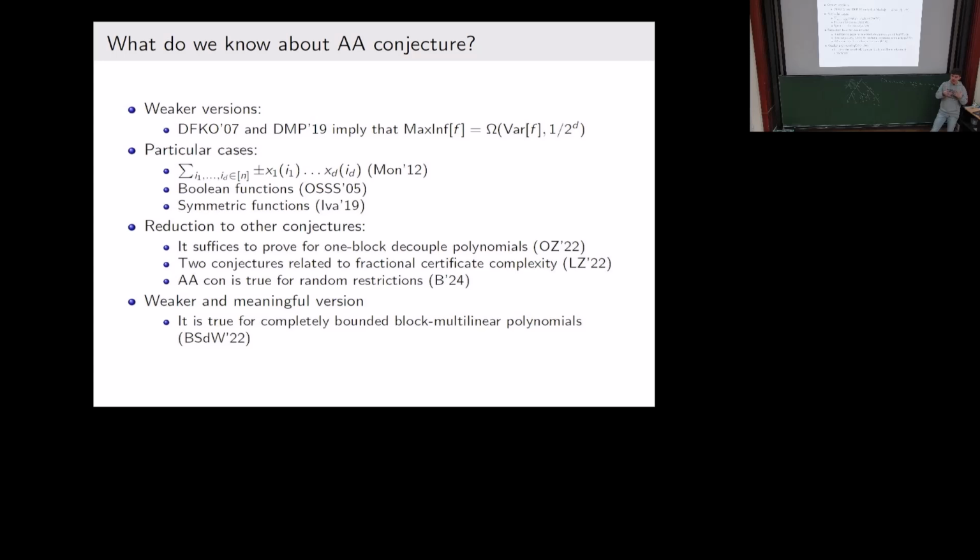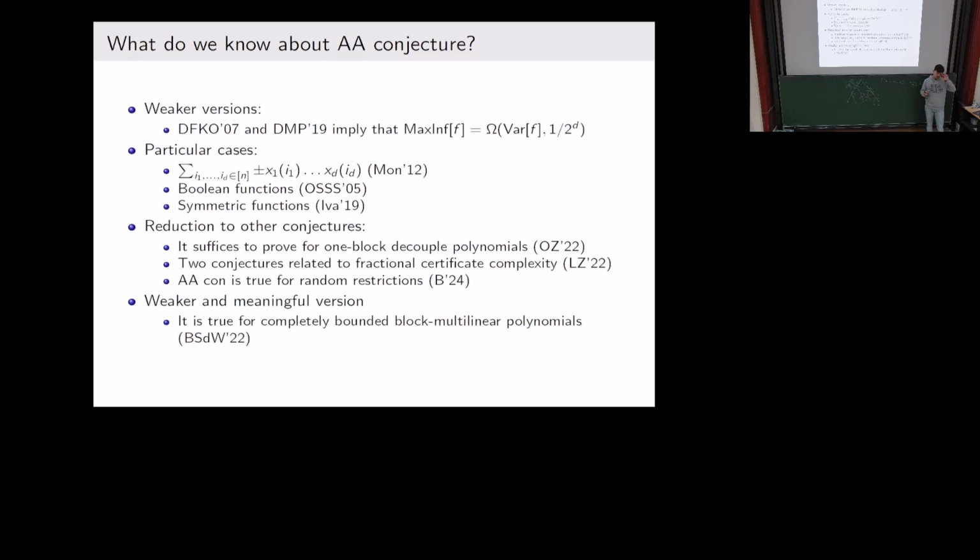So this says that if you change the infinity norm to another norm, the completely bounded norm, which is the norm you get when, instead of taking the supremum of the polynomial over scalars, you take the supremum of the polynomial over bounded matrices, then you can prove the Aaronson-Ambainis conjecture in some restricted case where you have the extra algebraic structure that the polynomial is block multilinear. That is somehow a non-homogeneous generalization of multilinear forms.